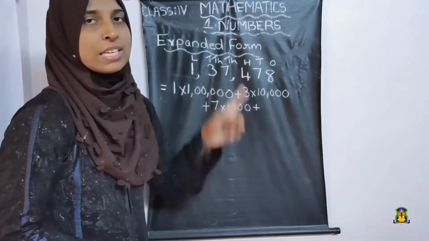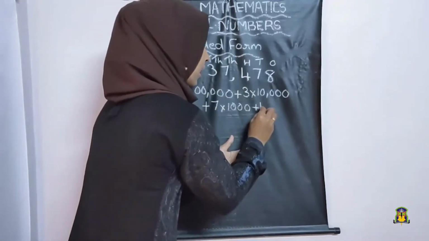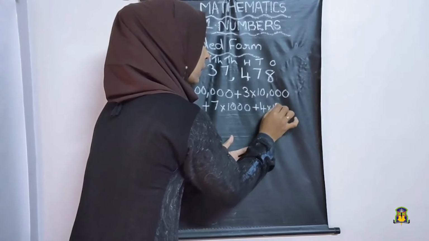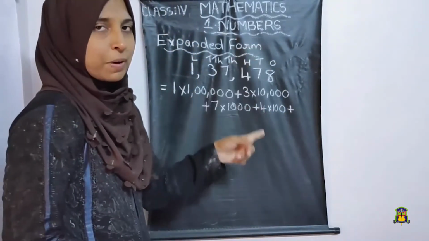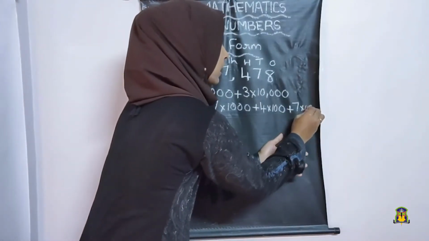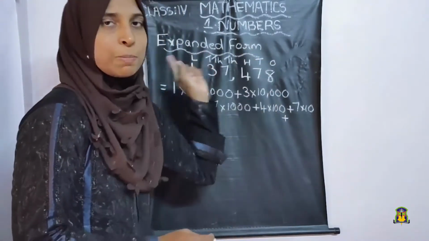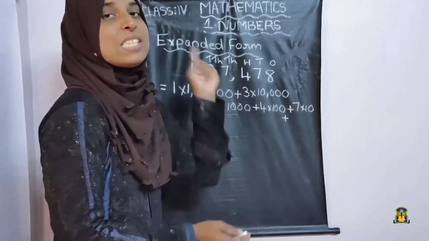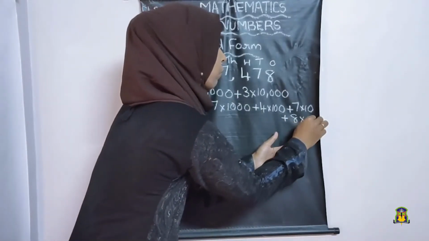Here 4 is in 100 place, so place value of 4 is 4 into 100, plus. Here 7 is in tens place, so place value of 7 is 7 into 10, plus. Here 8 is in which place? Ones place. So place value of 8 is 8 into 1.